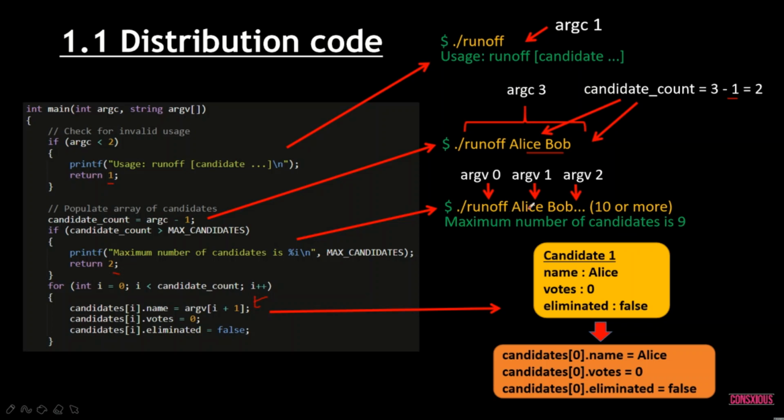What you want is Alice. So for example, you can imagine i is 0. So 0 plus 1 is 1, so it's Alice, then Bob, and so on. That's the reason we put i plus 1. For example, you can see Alice, false, assigned by doing .name, .votes, .eliminated.